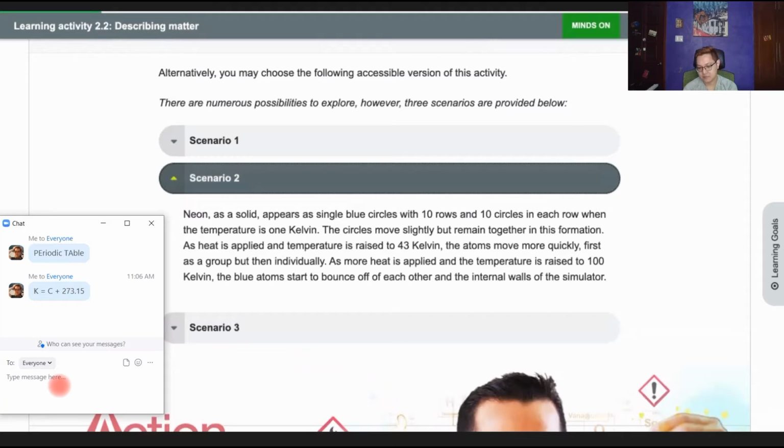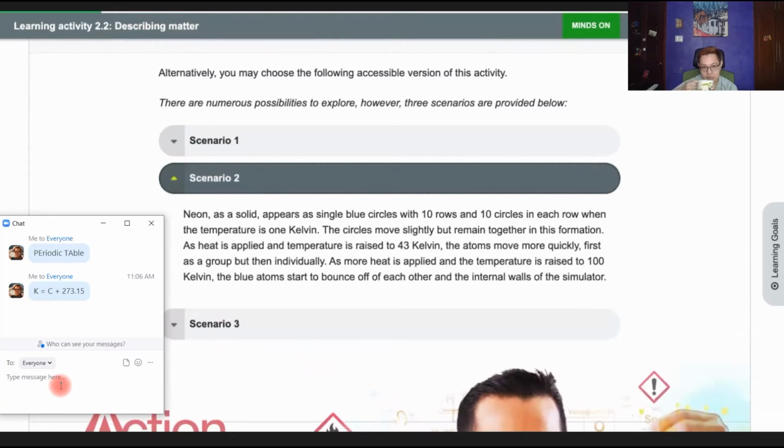As heat is applied and the temperature is raised to 43 Kelvin, the atoms move more quickly, first as a group but then individually. As more heat is applied and the temperature is raised to 100 Kelvin, the blue atoms start to bounce off each other and the internal wall of the simulator.